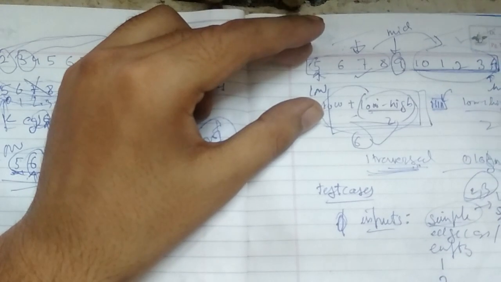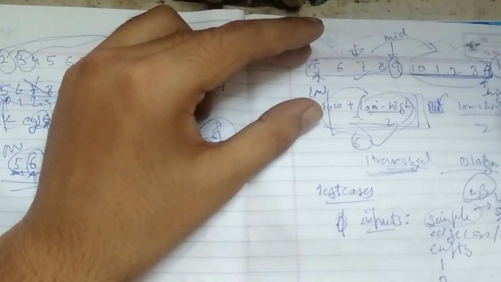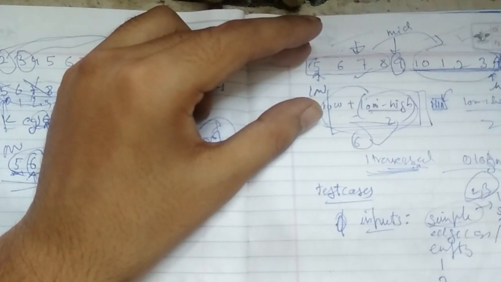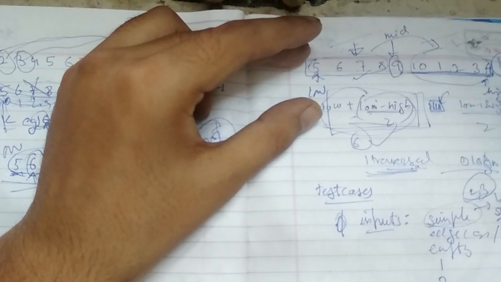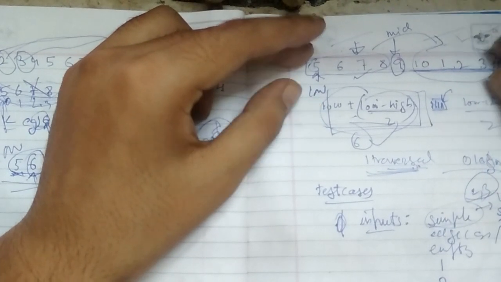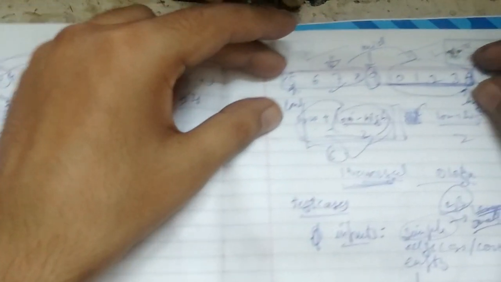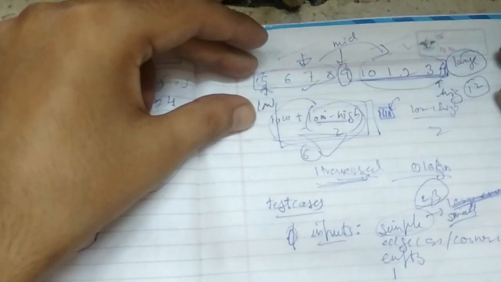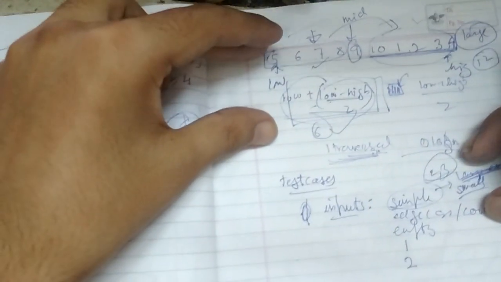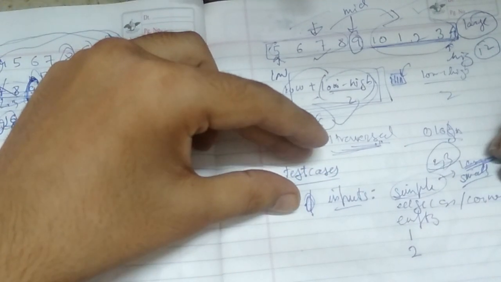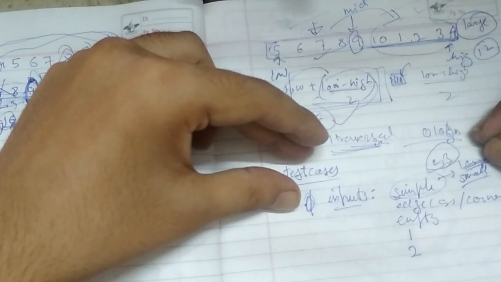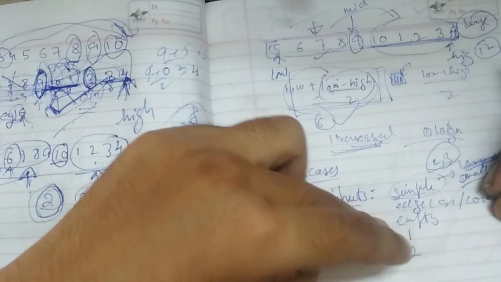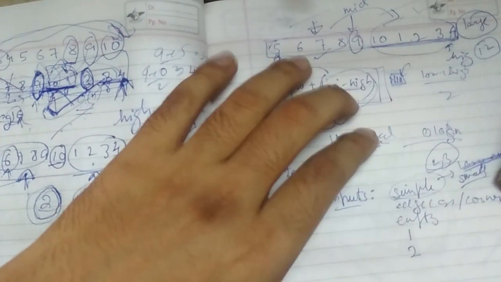The example should be large enough so that it is not a special case. For example, if I choose only 1 and 2, this will become a special case. My example is large enough so that it is not a special case. Check for edge cases, whether you are able to solve using edge cases.